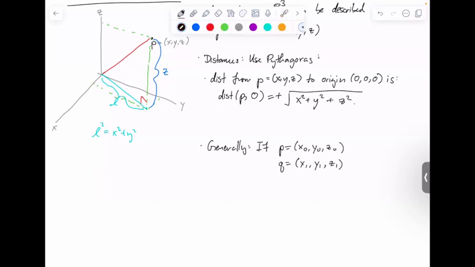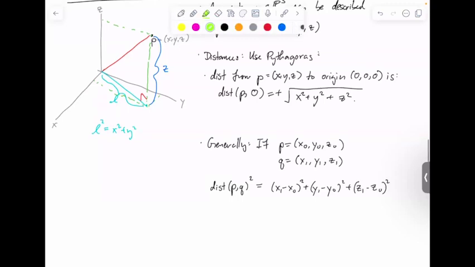Then the distance from P to Q, let me just square this so I don't have to write the square root sign, but when you want the distance you just take a square root, is given by (x1 minus x0) squared plus (y1 minus y0) squared plus (z1 minus z0) squared. That's the distance formula.